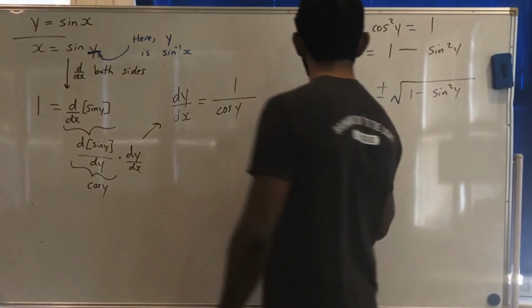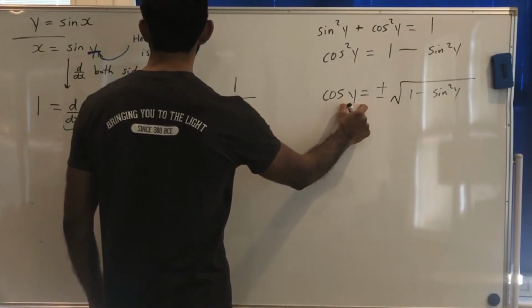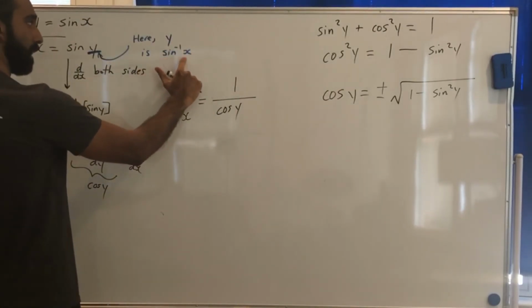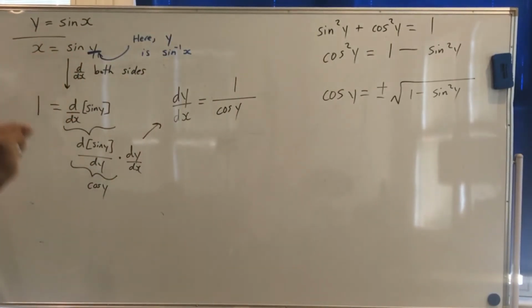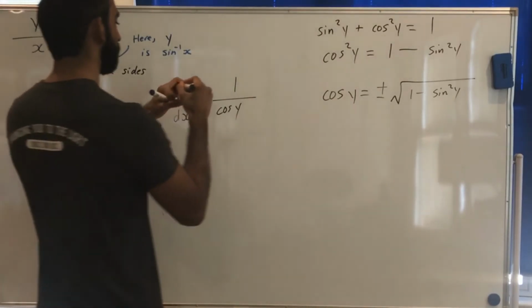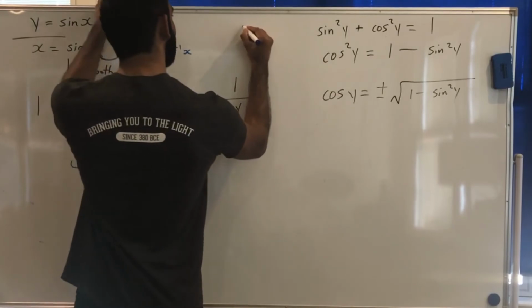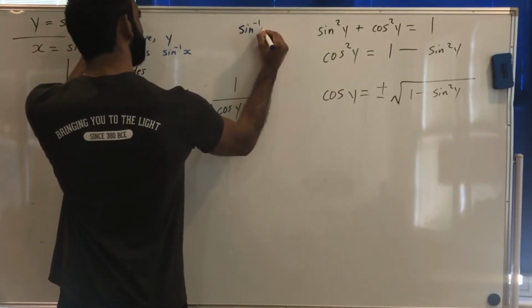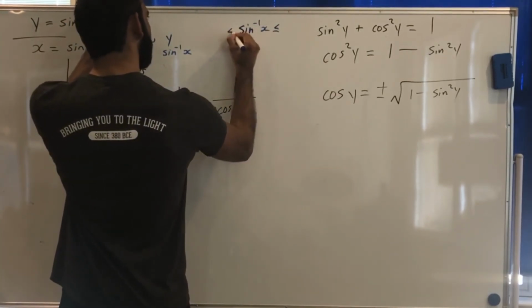But I'm taking the cosine of y, yes? And y is inverse sine. Does anyone remember from trig what the restrictions are for inverse sine? Inverse sine always has to be sandwiched between what two values? Anyone remember?